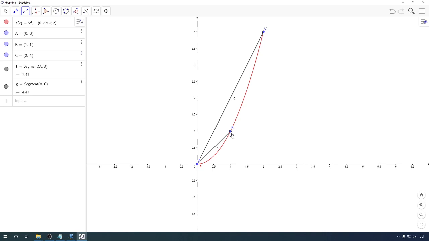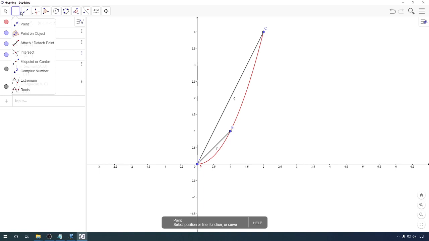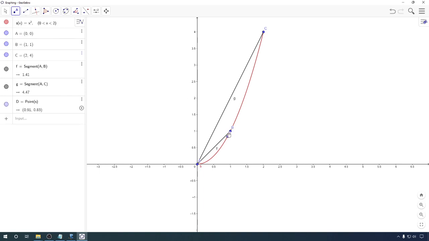Now, we could take average speeds over smaller intervals of time. Let's pick another point that's really close on here. And actually, let's get rid of these names. They're kind of getting in the way.